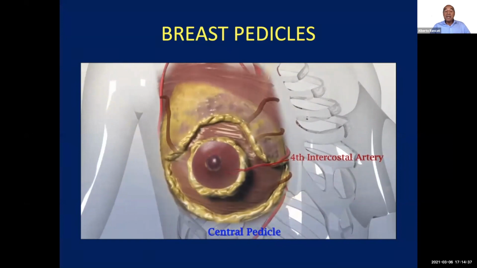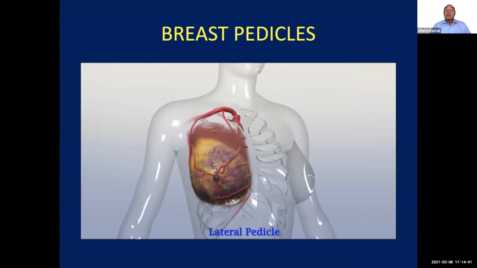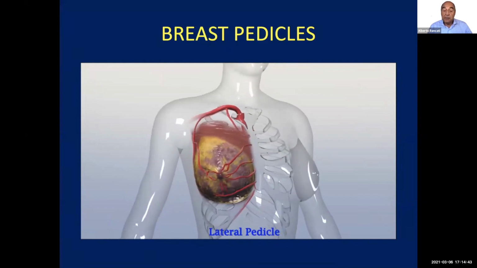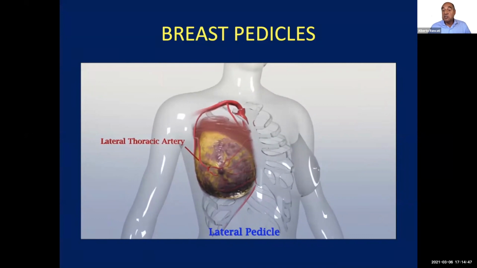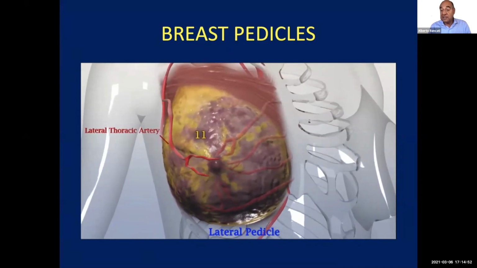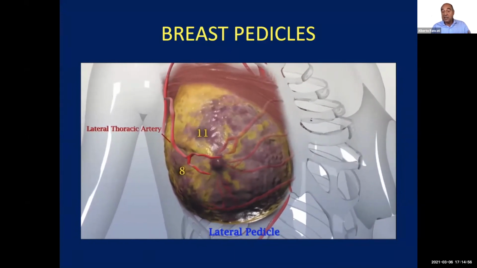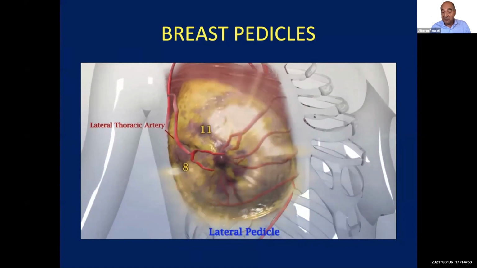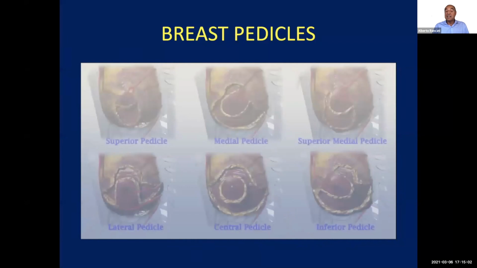So the decision you make depends on the position of the tumor. Usually, it's contrary to the position of the tumor. If you are taking out a tumor in the lower quadrants, you will make superior pedicles. If your tumor is in the superior pole, you will preserve inferior pedicles, or lateral ones like this with the lateral thoracic artery.